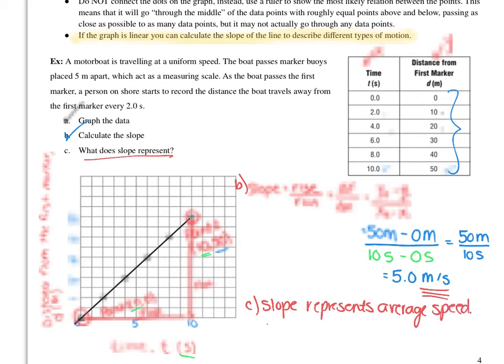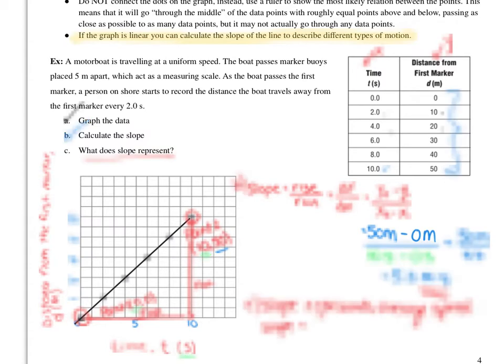And this again is because slope was equal to rise, and our rise units or information was distance, and our run was time, and distance over time was delta d over delta t, which we knew equaled velocity. So we can put the units or information back into our slope formula and decide what this formula actually represents. It's average speed. So using your units can be very helpful to give you an idea here.